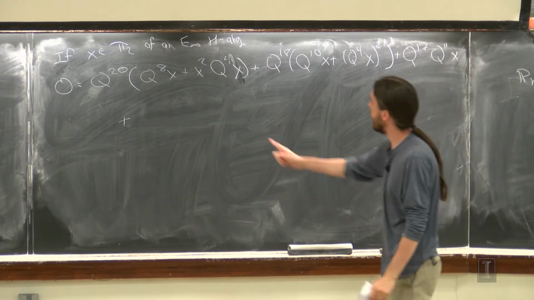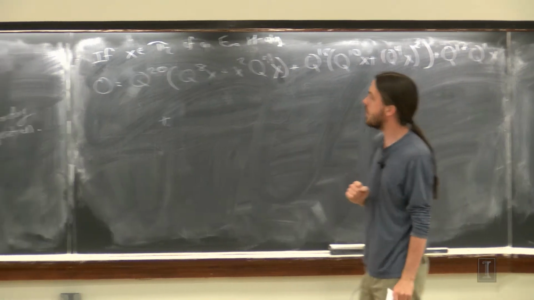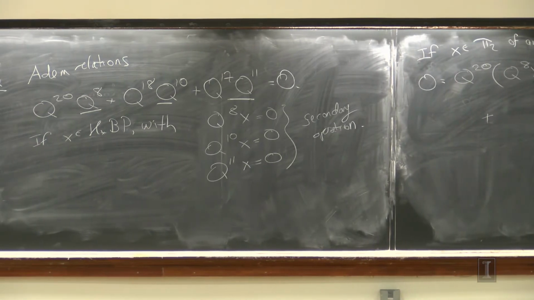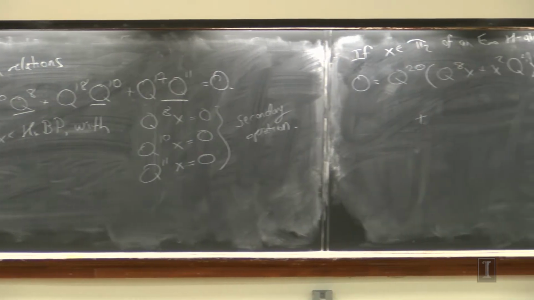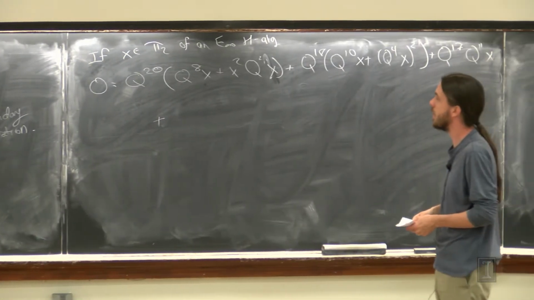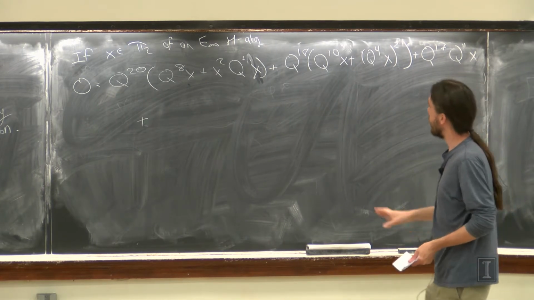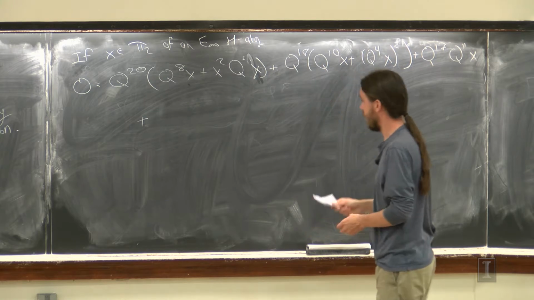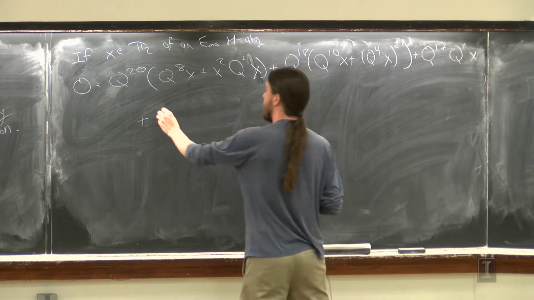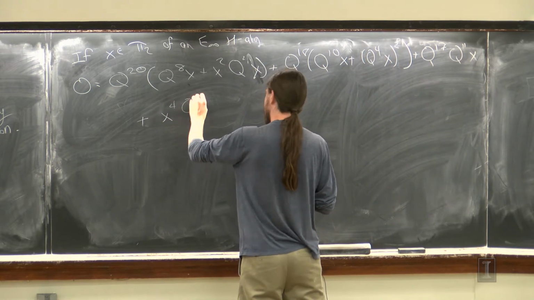So we had an X, and it doesn't satisfy Q8 X equal to 0, and it doesn't satisfy Q10 X equal to 0, but it satisfies something approximately like that. But then when we do that, we don't have an identity anymore because Q20 gets mixed up with all this, and so we start to write out correction terms until we get a relation.